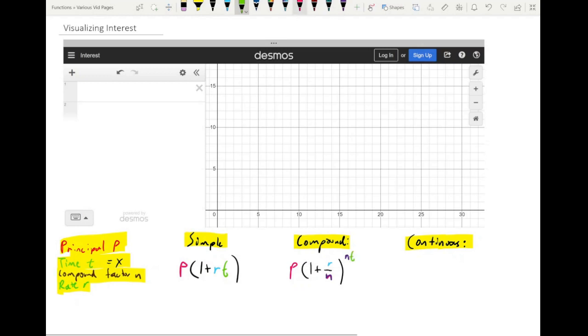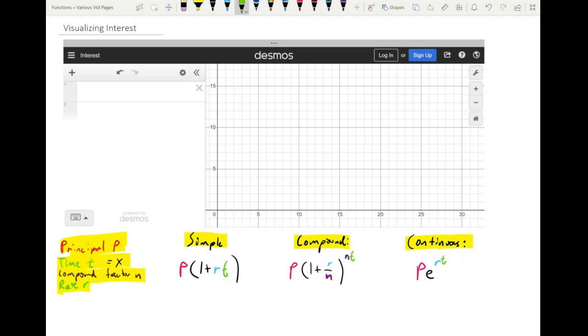And for continuous interest, that compact formula is P times E, which is a particular number, about 2.7, all to the power of RT, or PERT, as some people like to remember it.